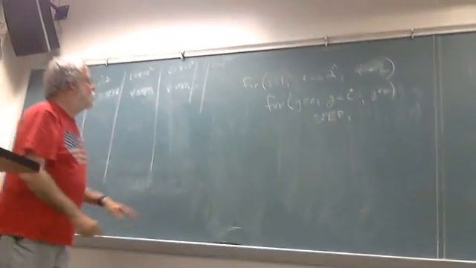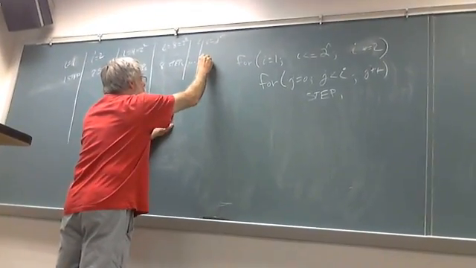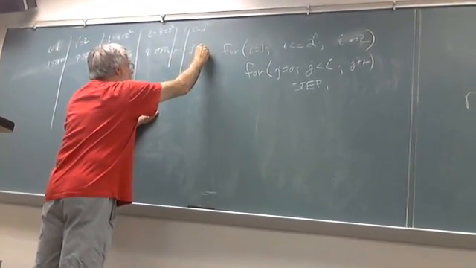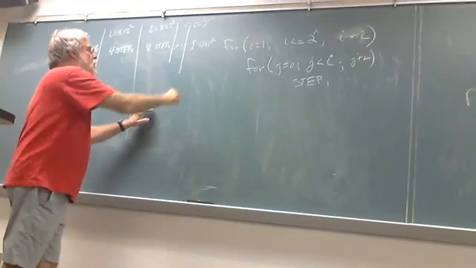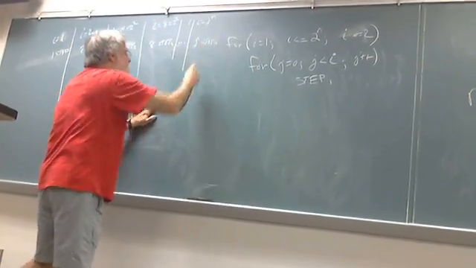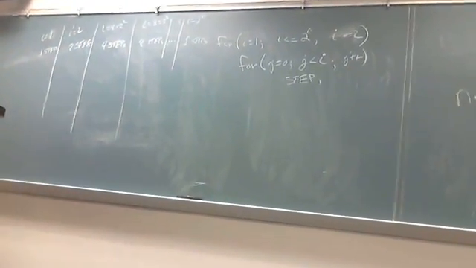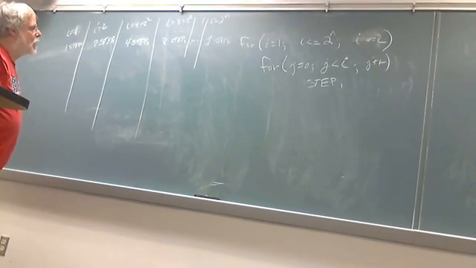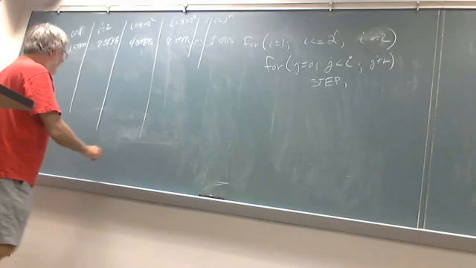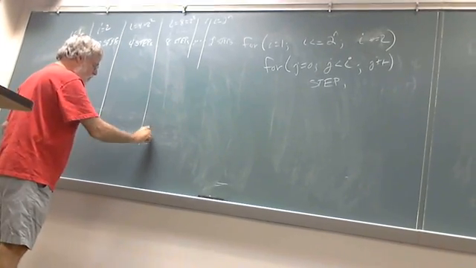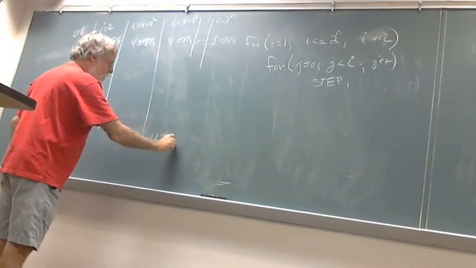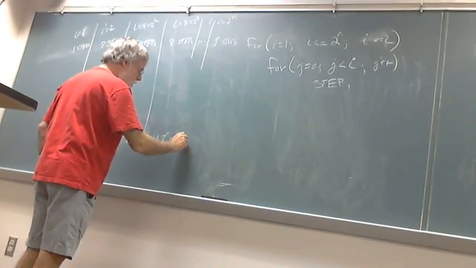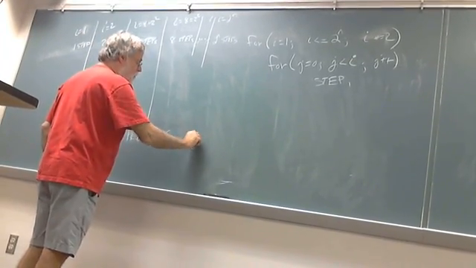We come down here, so we'll get 2 to the n steps. So we're going to have 1 plus 2 plus 4 plus 8 plus dot, dot, dot, plus the last, which is 2 to the n.